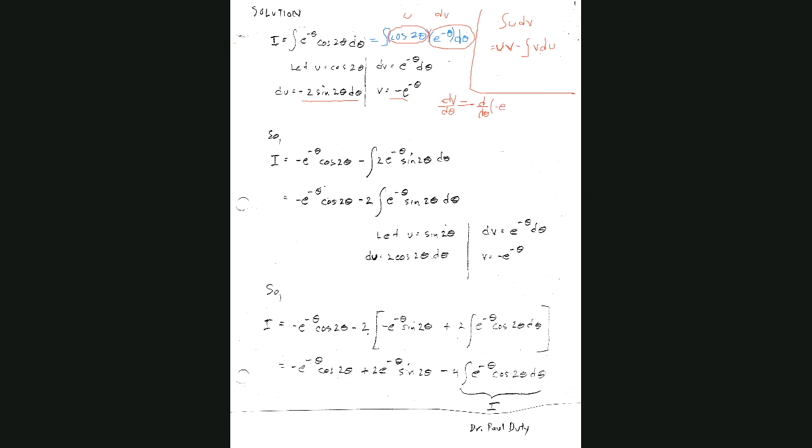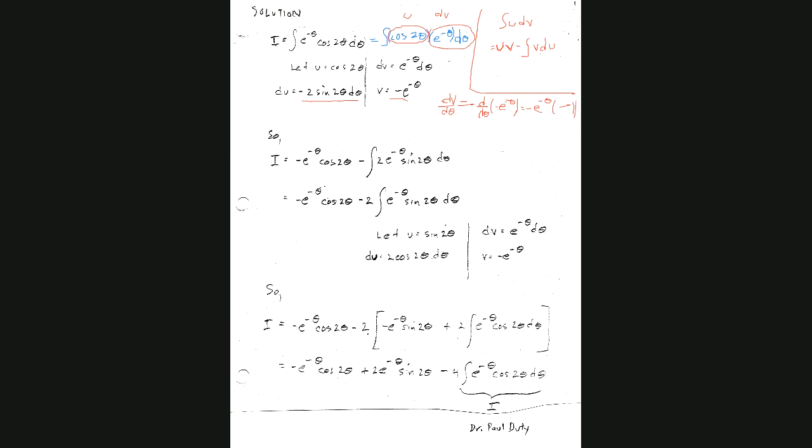And as Tina points out, by the chain rule, we'll factor the negative out, and then the derivative of e to the negative theta is e to the negative theta times negative 1.